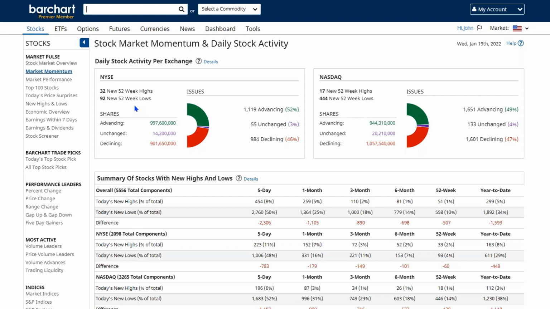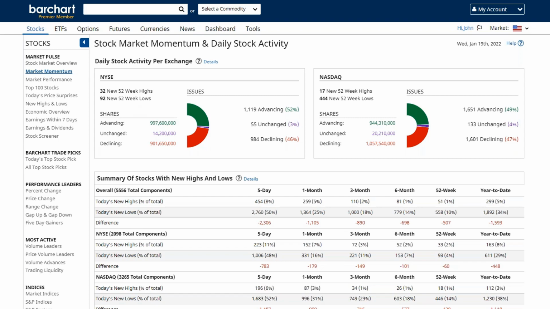If we look at the snapshot today, we are making more 52-week lows versus 52-week highs. For the New York Stock Exchange, it's 3-1. If we look at the NASDAQ, it's almost 25-1. So certainly market momentum for today is giving us a bearish overtone.